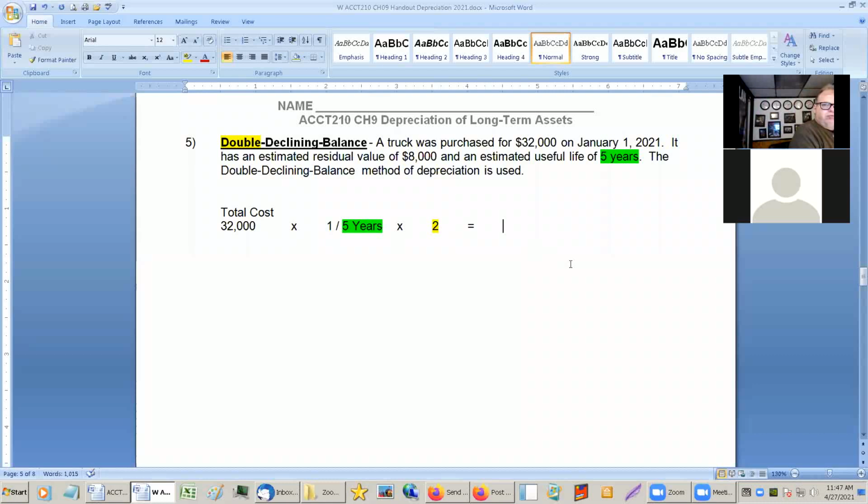32,000. Oops. Let's get the calculator cam on. 32,000 times 1 divided by 5. You can also say divide by 5. So 6,400 times 2 equals 12,800.